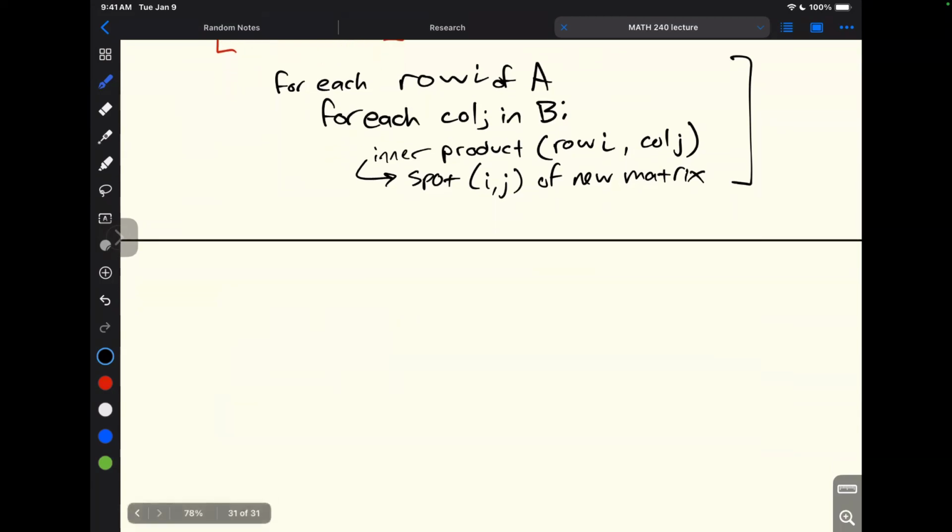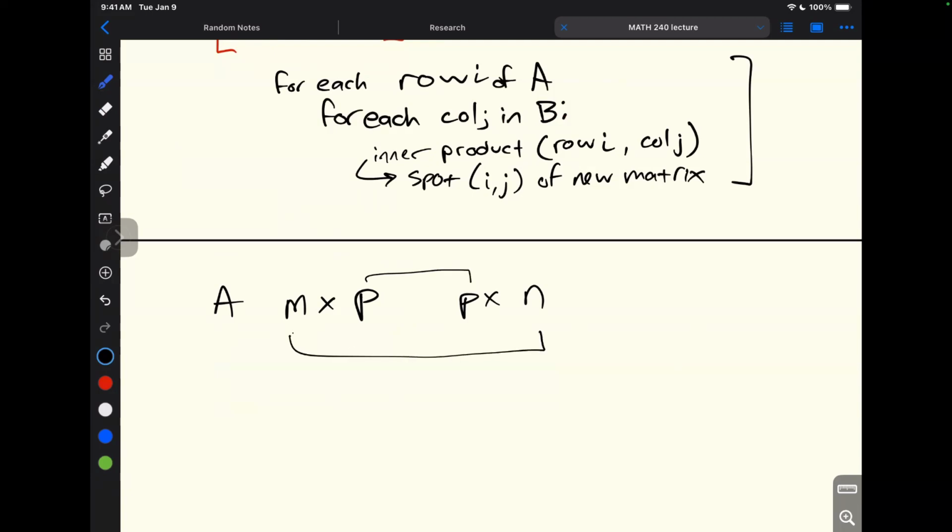Okay, so let's say A is M by some number P, and B is P by N. These have to match, and you will get, as a result, an M by N matrix.